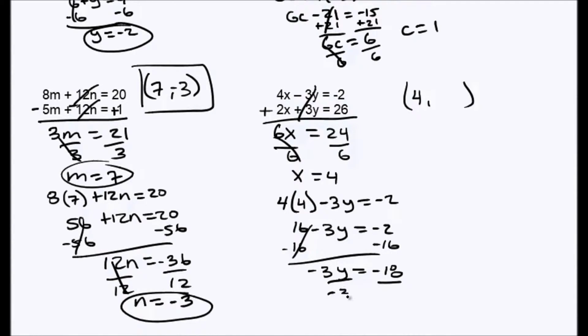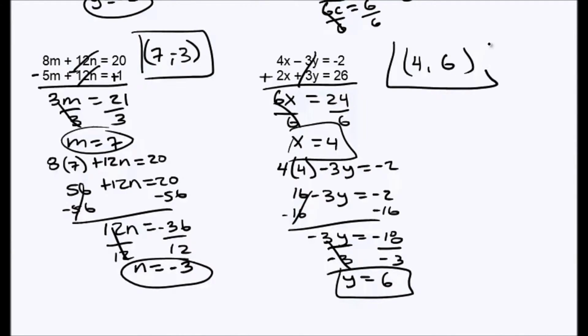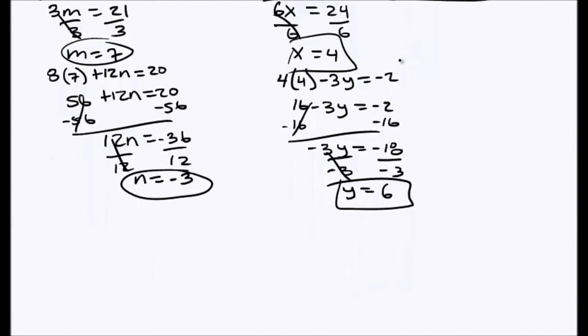Divide both sides by negative 3. y is equal to negative 18 divided by negative 3, which is a positive 6. Okay, found my x coordinate, found my y coordinate, put it together, I got (4, 6). This is my solution. Okay, so we used elimination by addition and subtraction.